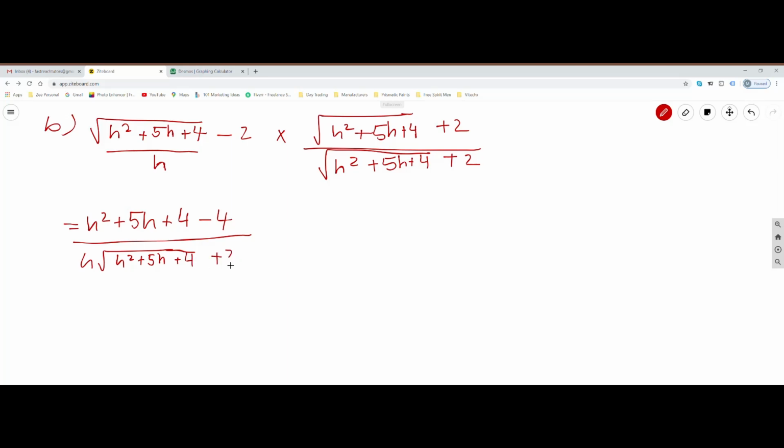Plus 2. So the h's you can cross out, and you're left with h squared plus 5h over h times the square root of h squared plus 5h plus 4 plus 2.